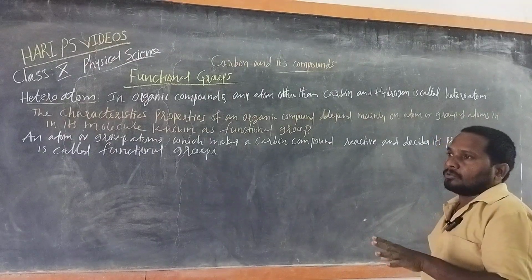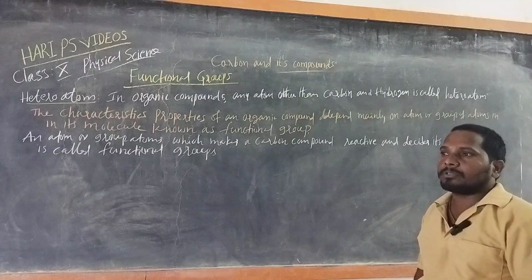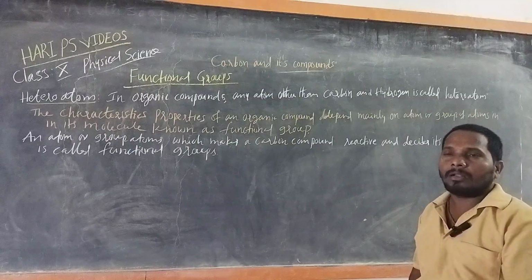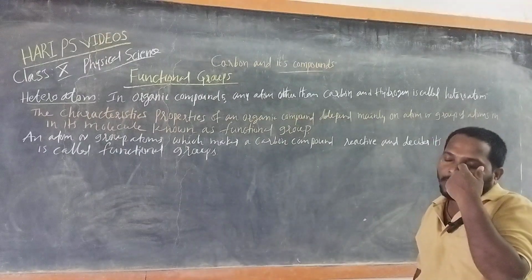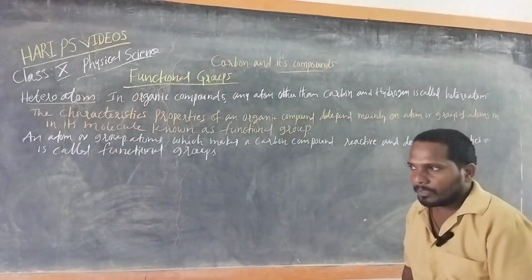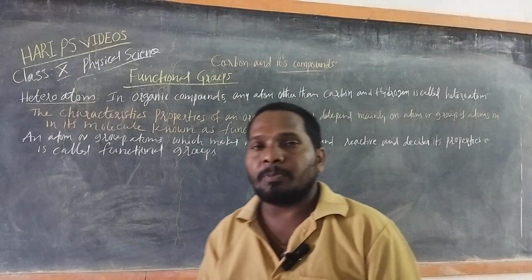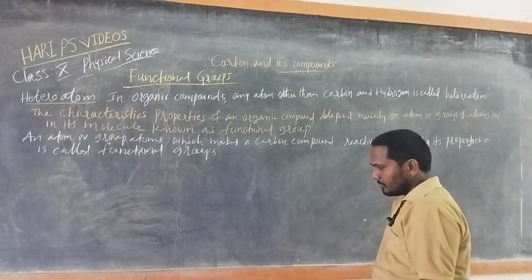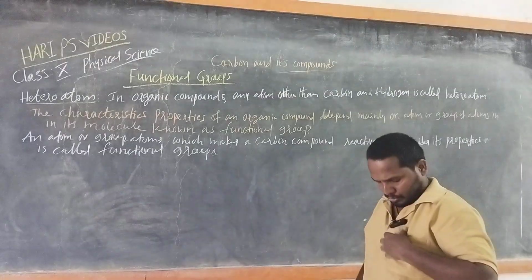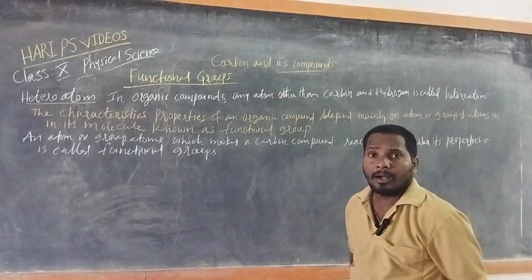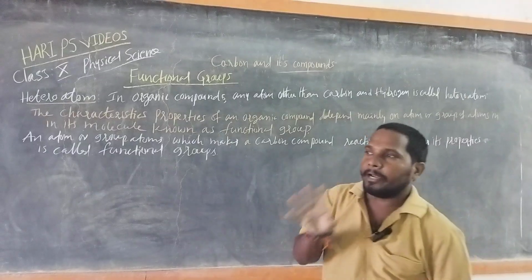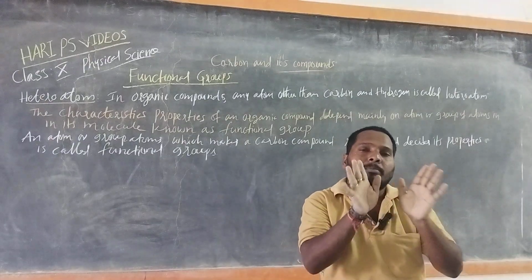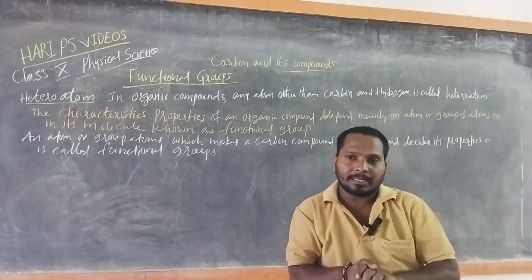Such compounds are simply called carbon compounds, but we have given a specified name, hydrocarbons. Hydrocarbons are made up of only carbon and hydrogen, right?